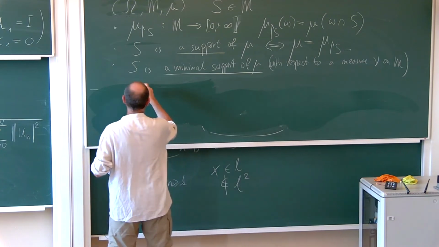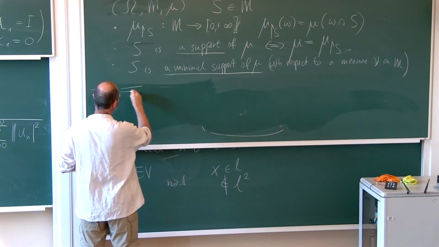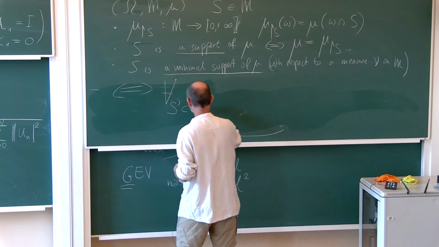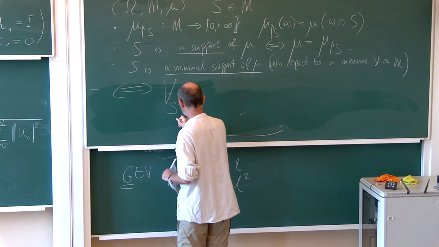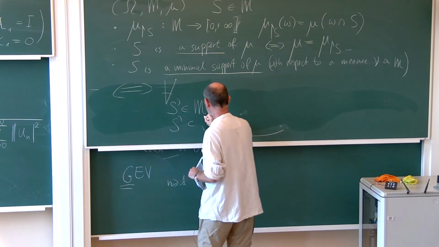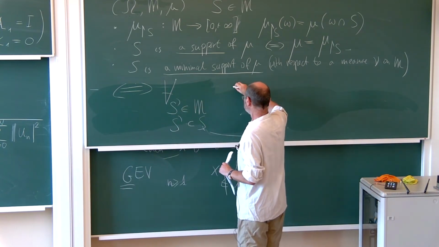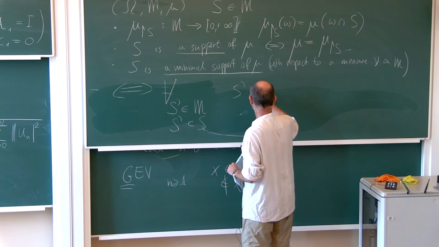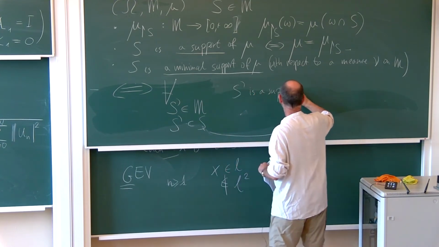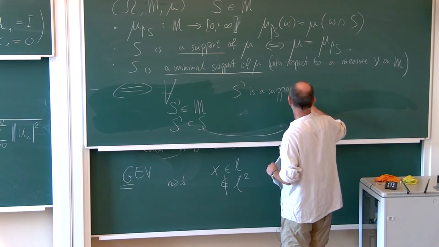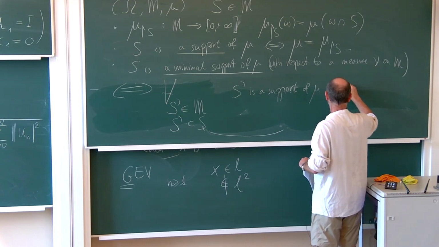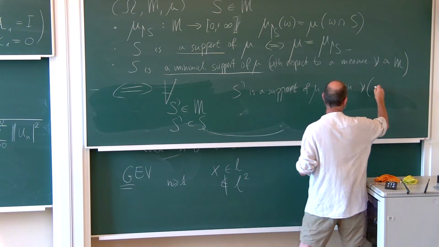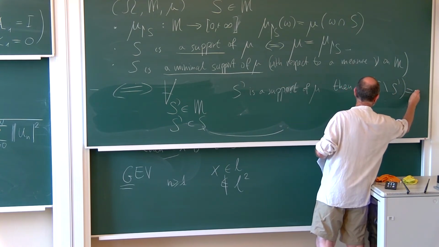It means that S is minimal if and only if, for any S prime which belongs to the sigma algebra and is smaller than S, if S prime is a support of mu, then the measure of the difference, S minus S prime, is 0.